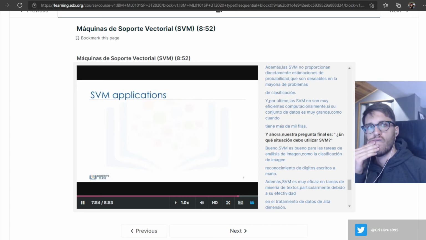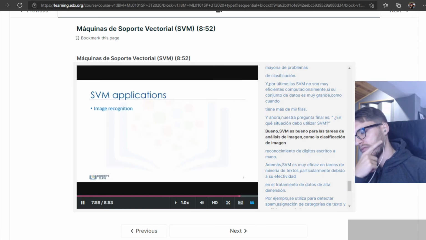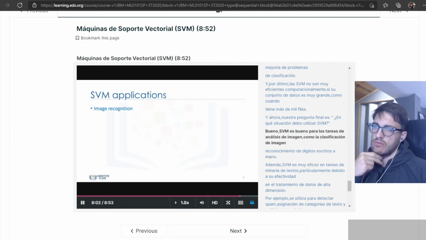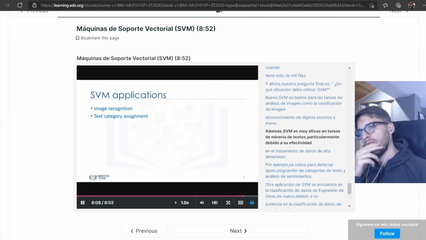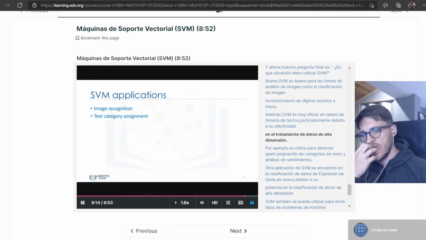In which situation should I use SVM? Well, SVM is good for image analysis tasks, such as image classification and handwritten digit recognition. Also, SVM is very effective in text mining tasks, particularly due to its effectiveness in dealing with high-dimensional data.